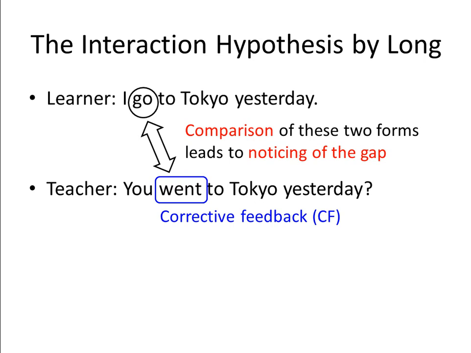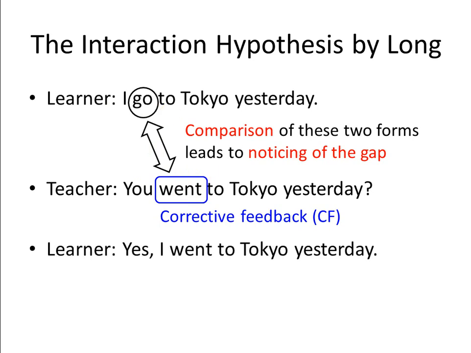And this teacher's utterance is called corrective feedback or CF, because this part corrects the learner's mistake. Okay? And the learner may say, yes, I went to Tokyo yesterday.